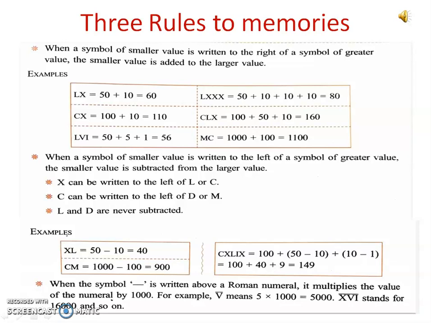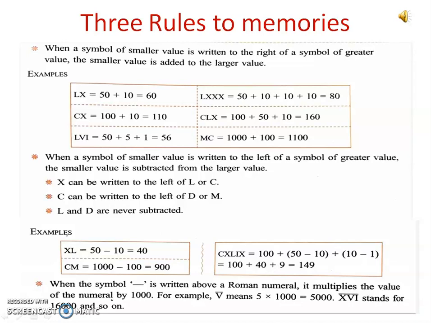We can see an example in this table. LX. L stands for the greater value, that is 50, and X stands for a smaller value than L, that is 10. So we will add 10 to 50, which is equal to 60.